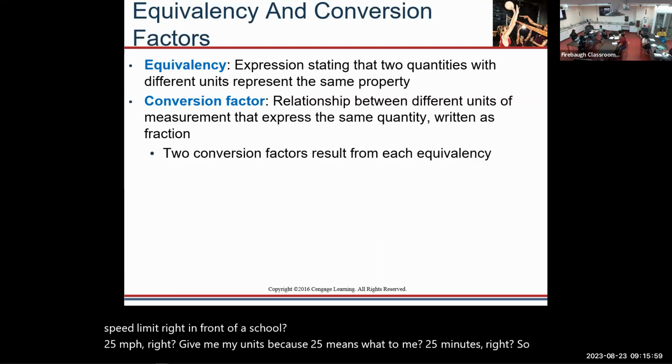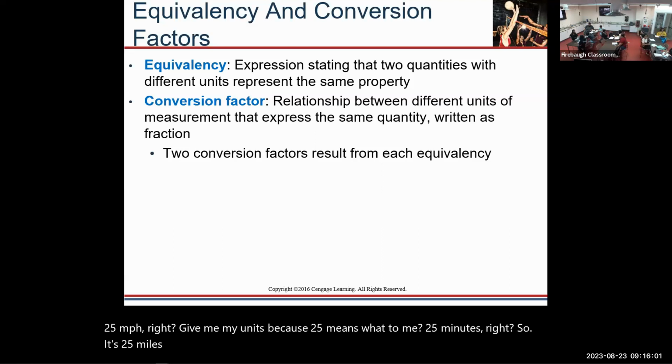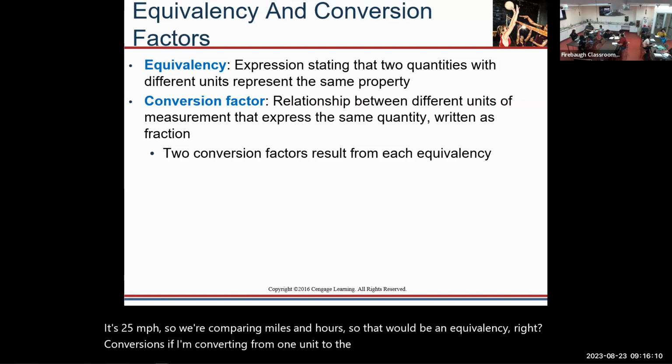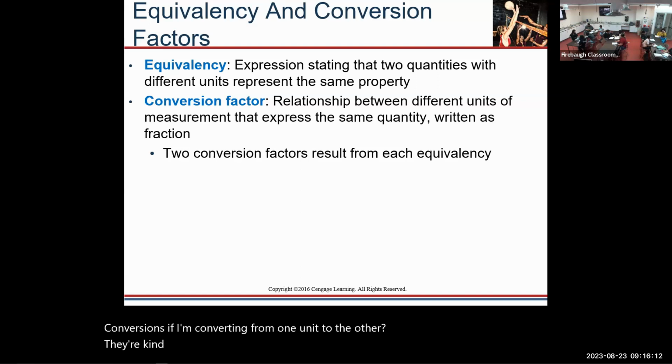So it's 25 miles per hour. So we're comparing miles and hours. So that would be an equivalency, right? Conversions. If I'm converting from one unit to the other, they're kind of the same thing as equivalencies, right? So let's say I'm converting from centimeters to inches, right? That would be a conversion, okay?